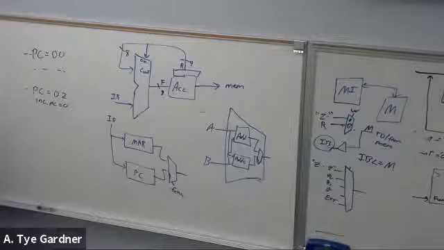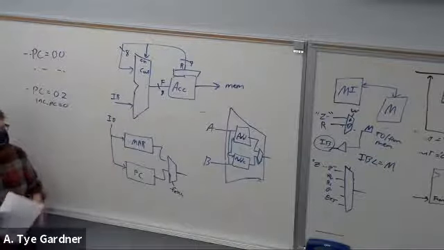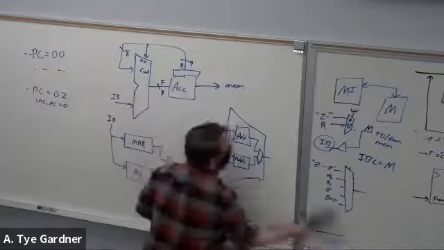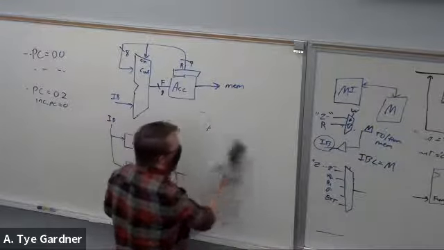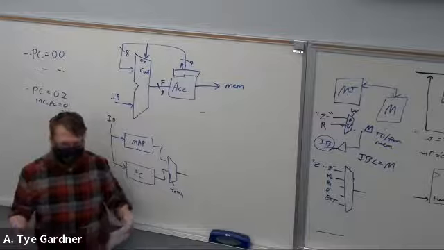Okay. So what this does is the PC. We'll start with the PC. We're driving this microprocessor from addressable memory, right? We just had a question on that on the exam.